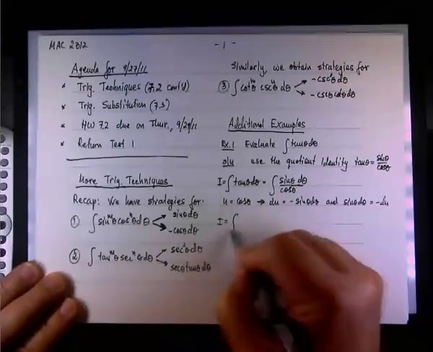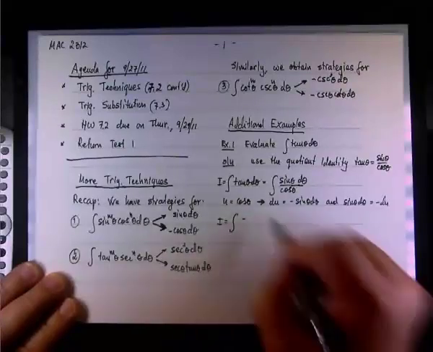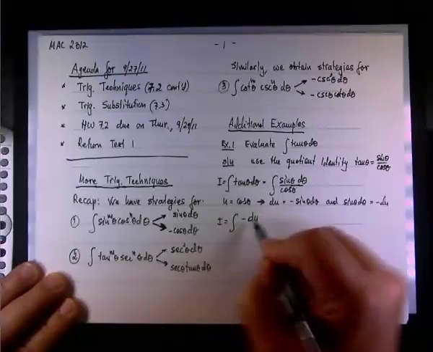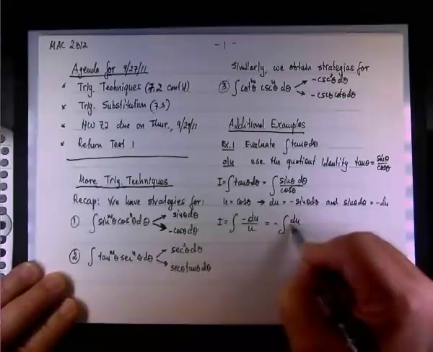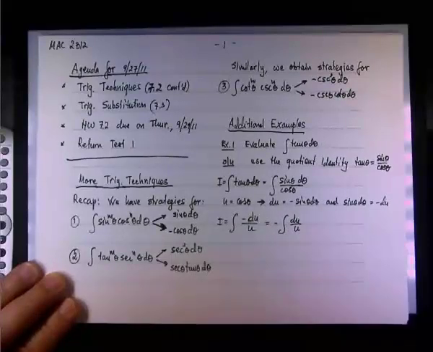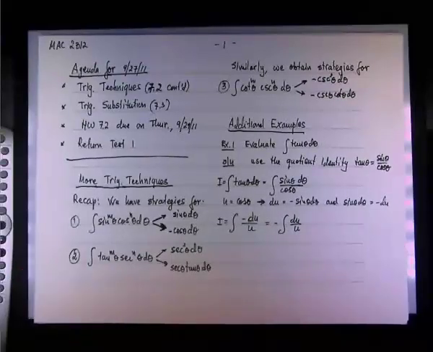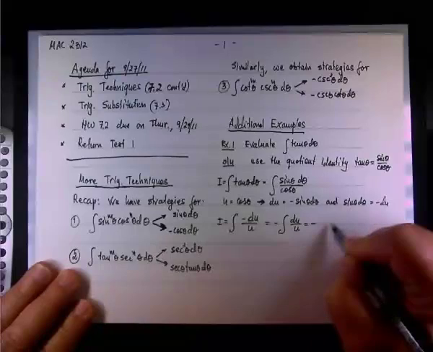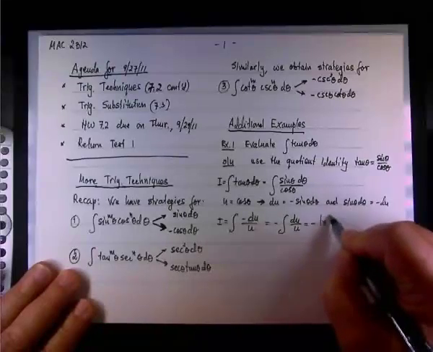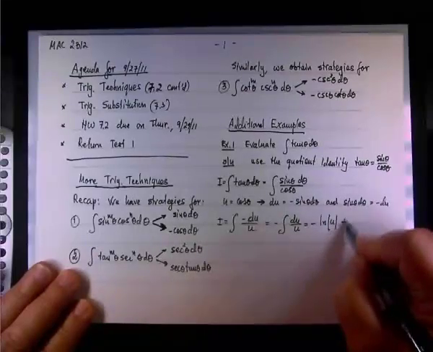So the integral is now going to look like negative du in the numerator divided by u, or I can write it as negative du over u, right? And of course, the antiderivative of 1 over u is the natural log. So we end up having the natural log of u.